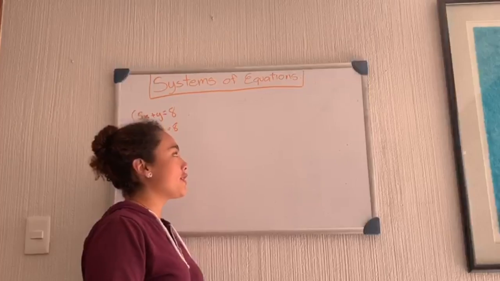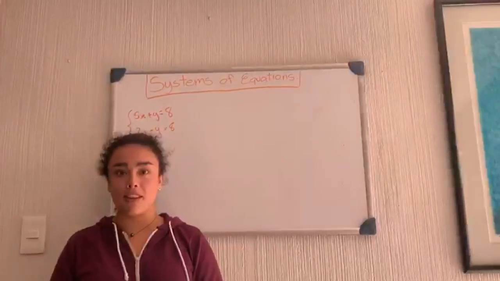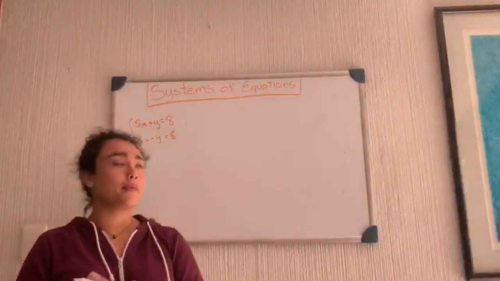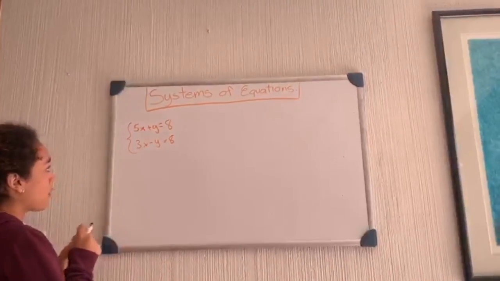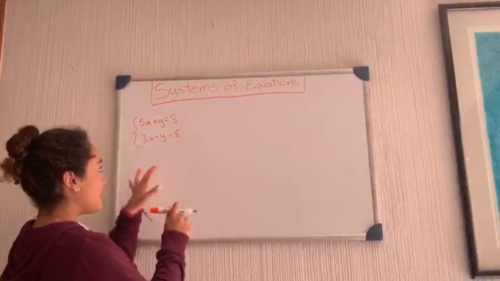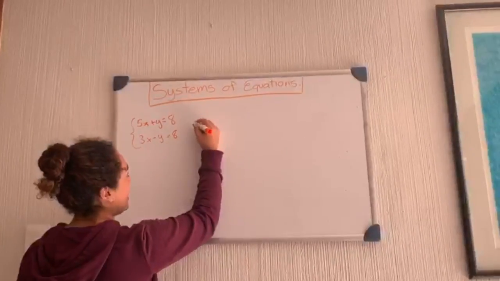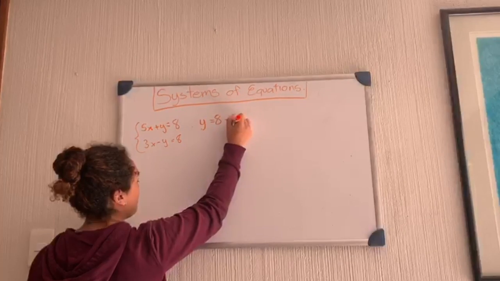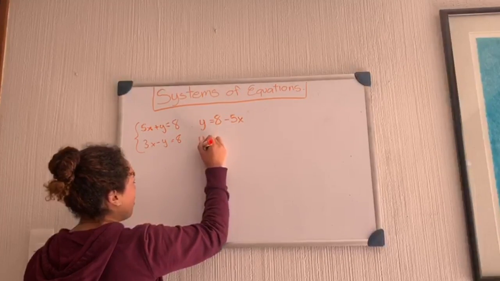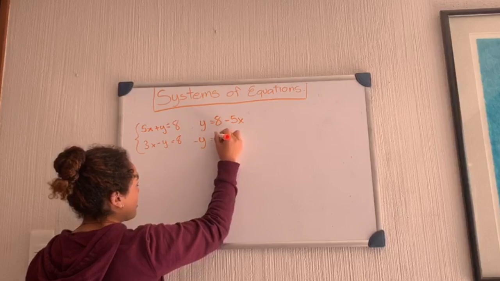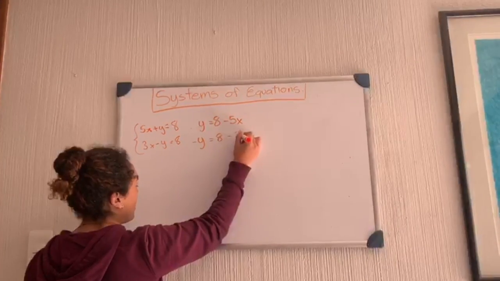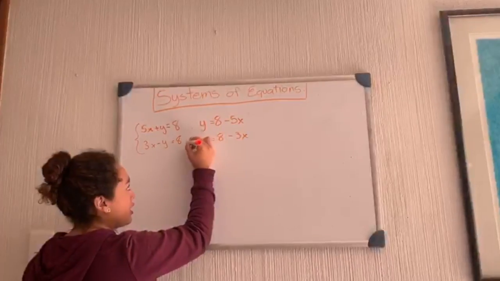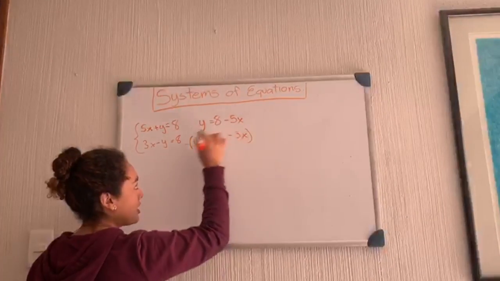Now we're going to solve by the equalization method. The equalization method is simple. We have to solve for one variable. In this example, I will solve for y. So you have y equals 8 minus 5x, and minus y equals 8 minus 3x. But I cannot have a negative, so I need to multiply all this by negative.